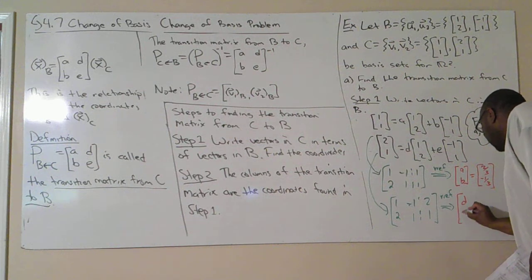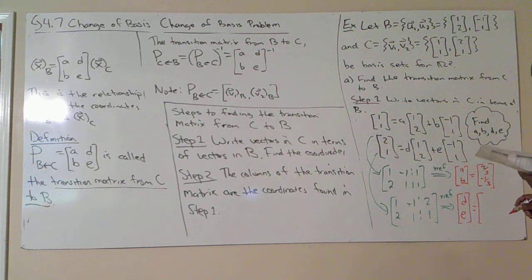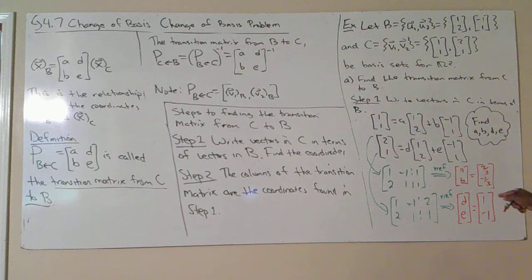And (d, e) is equal to (1, -1). You can check it out for yourself: take 1 of this vector plus negative 1 of this vector, do you get (2, 1)? And the answer should be yes. So here are my two coordinates: this is the coordinates of v1 with respect to B, and this is v2 with respect to B.